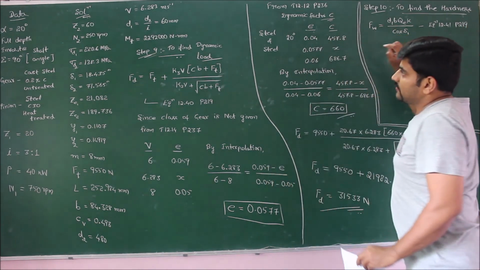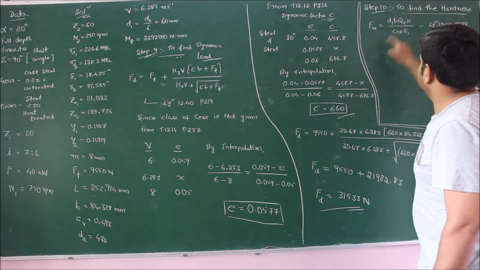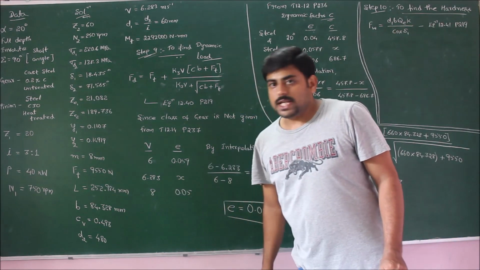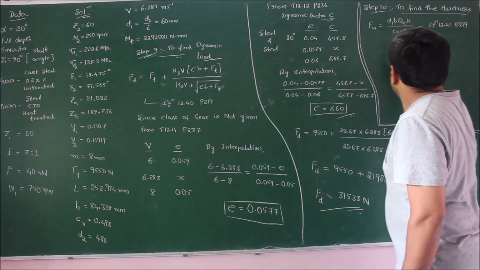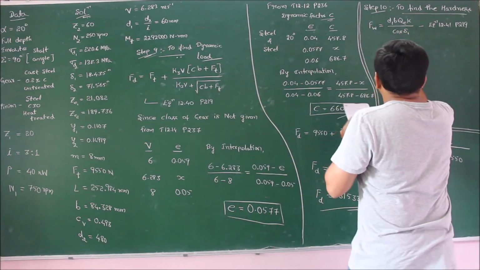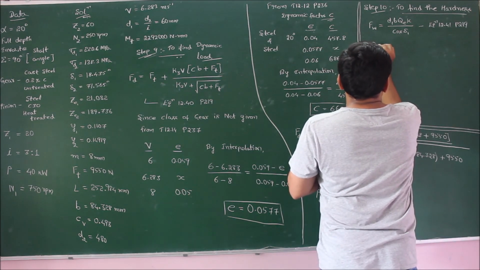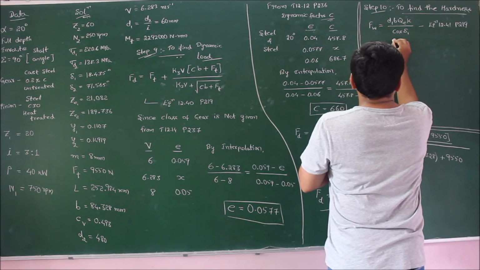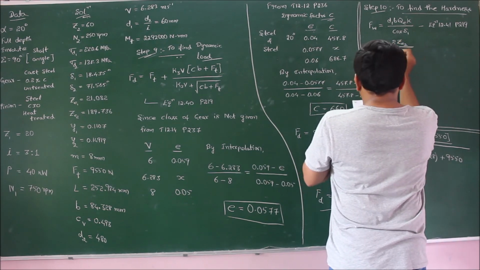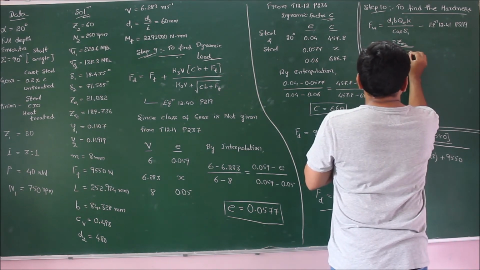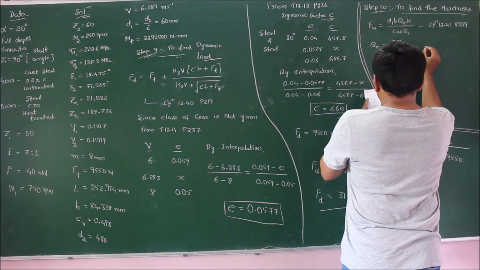Now we know the value of D1 is 60 millimeters. We know the value of B is turning out to be 84.328 millimeters. Now to calculate the value of QE, we have the formula QE is equal to 2 times Z equivalent 2 divided by Z equivalent 1 plus Z equivalent 2.